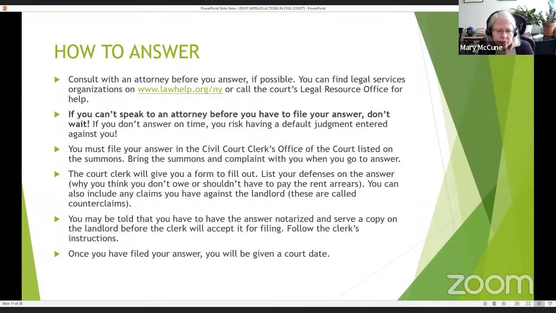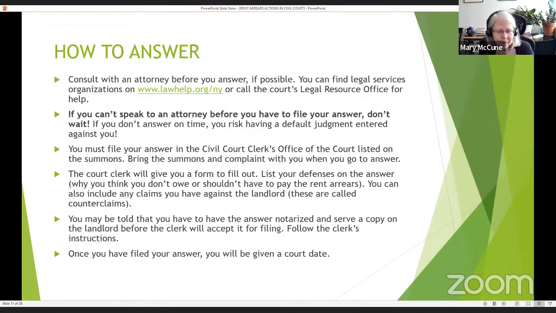You may be told it's really inconsistent. Some of the clerks will tell you that you have to have the answer notarized when you sign it and serve a copy on the landlord before you file it with the court. And other times they'll just let you sign it in front of the clerk and they will serve the answer on the landlord.